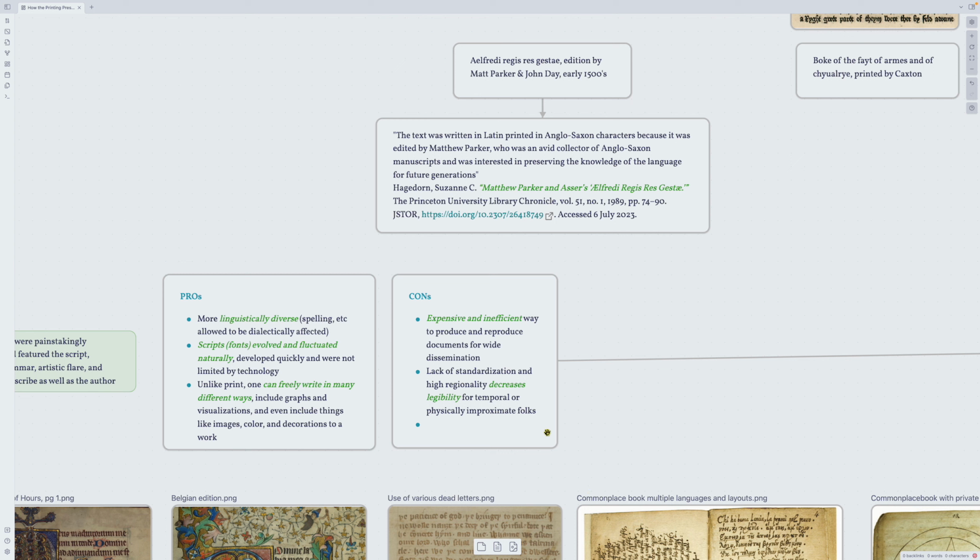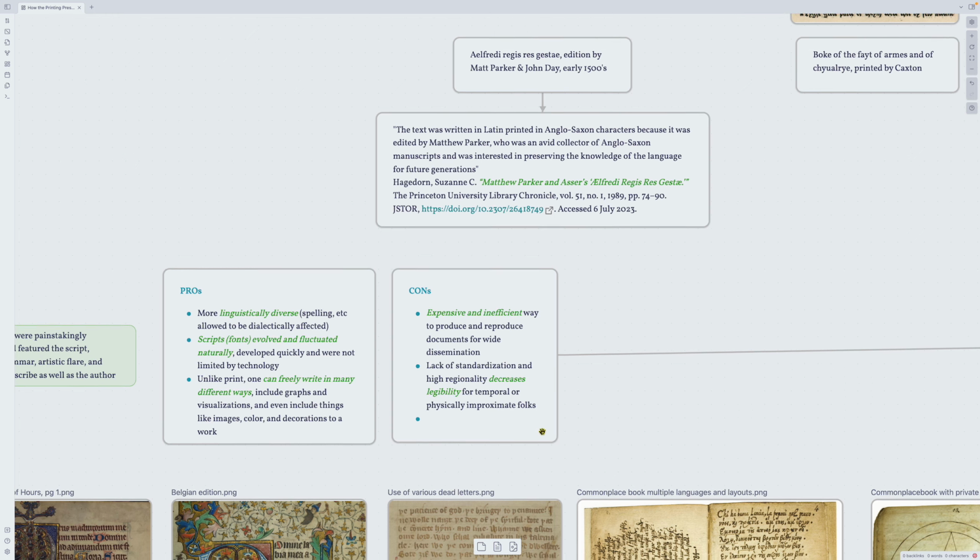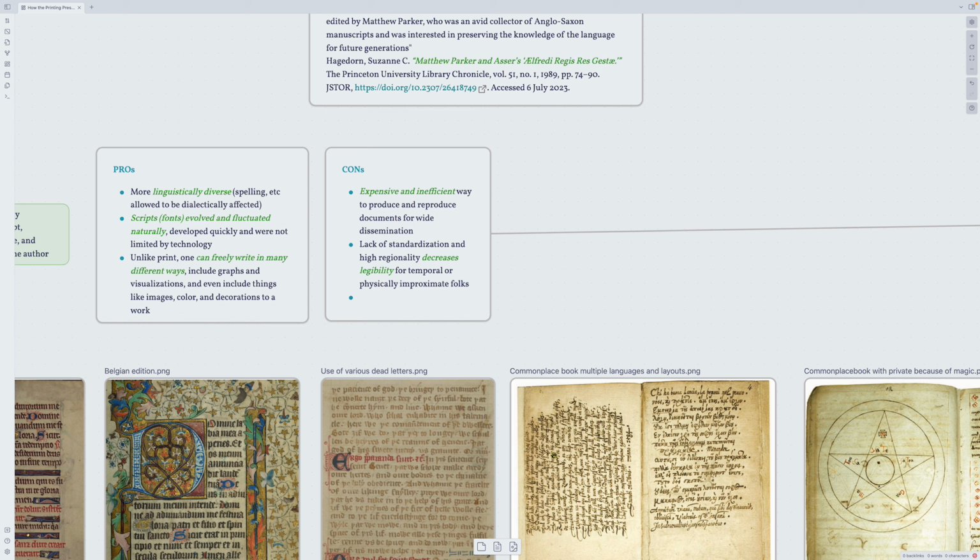The fact that these weren't standardized and the fact that everything had its own version of things made legibility a lot harder, because people that were distanced from the writer in time or in place could have more trouble understanding the way the thing was written. Someone would probably have issue trying to figure out how to read this, in a few centuries from this period or something like that.